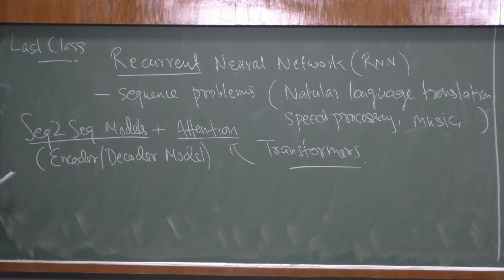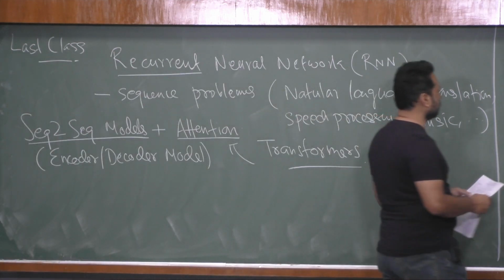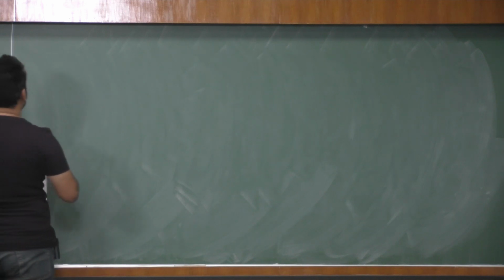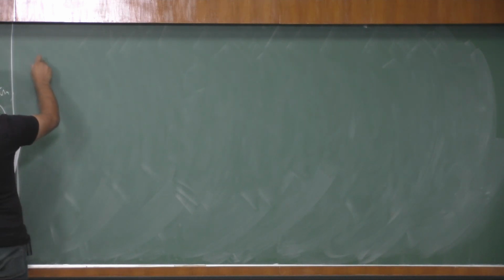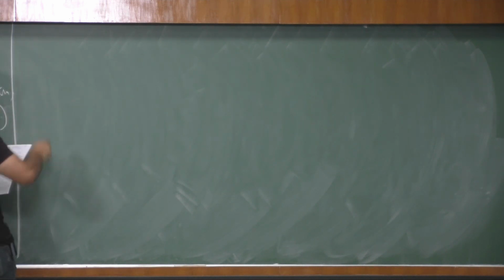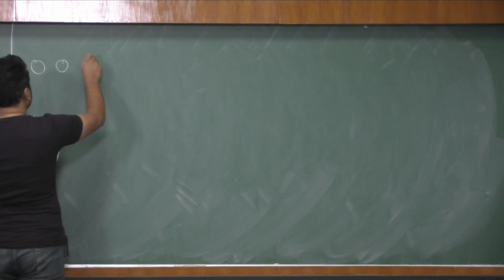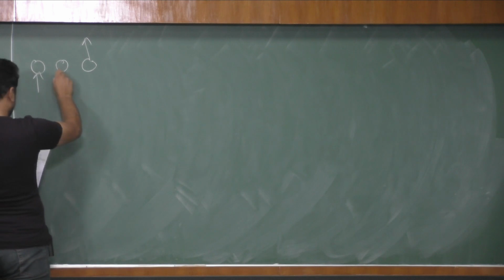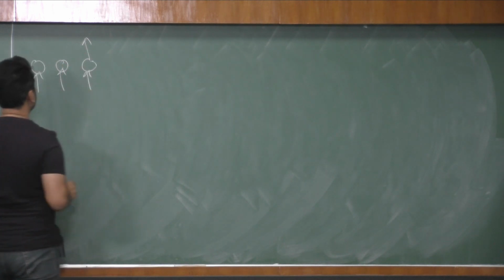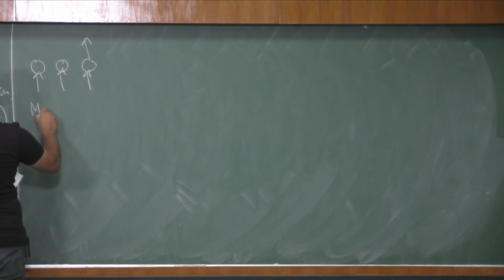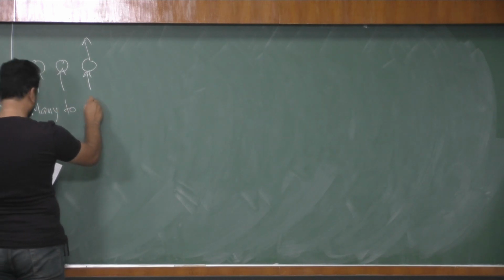So what we have seen so far is depending on the problem, we may have certain models. So for instance, we may have a one-to-one model or many-to-one model. So input goes in, and then you have some output here. So this we call many-to-one.